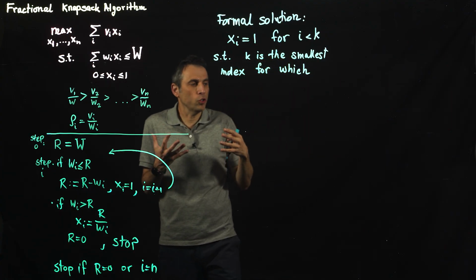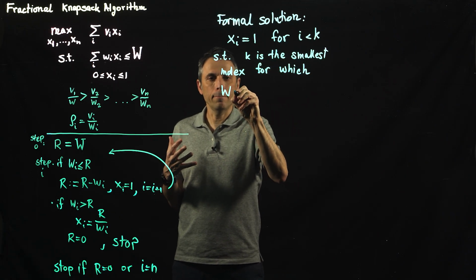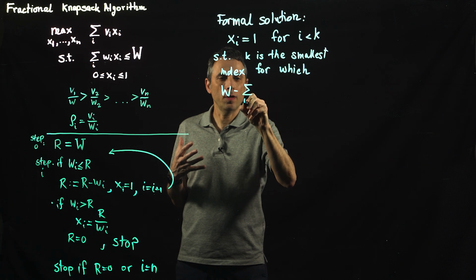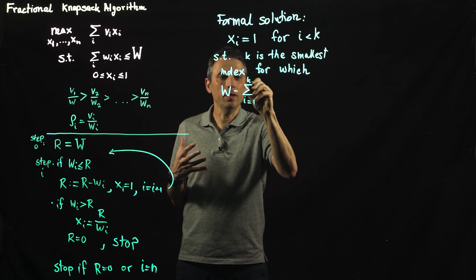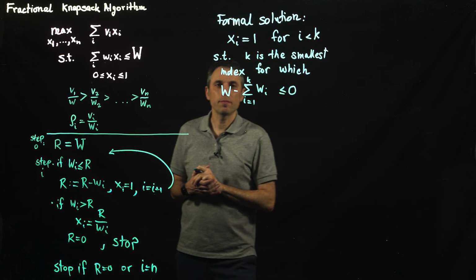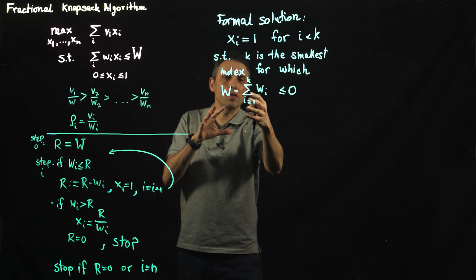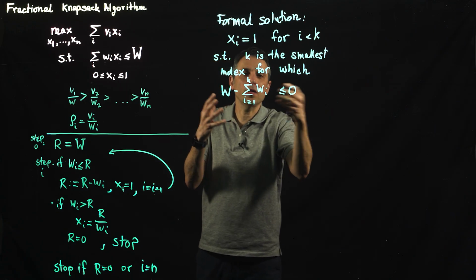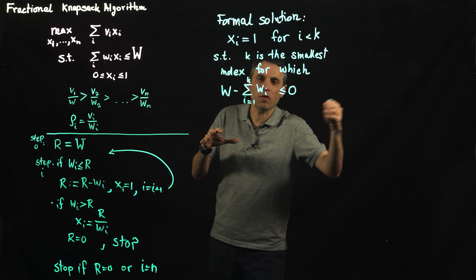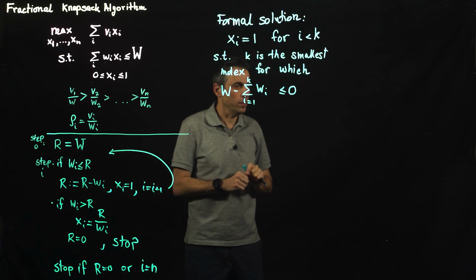So for which W minus the sum over i from 1 to k of Wi is less than or equal to 0. So we already used up to and including k; either we are done in capacity at item k or we ran out of capacity. So for all of them strictly less than k, it's equal to 1.